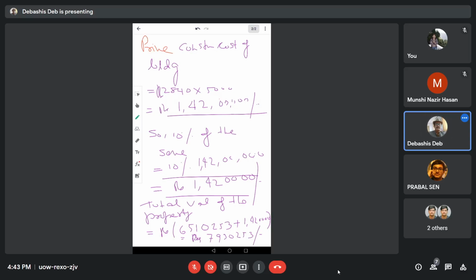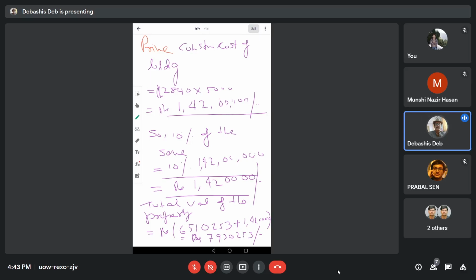So the only difference in this problem is that in addition to the land valuation, we have to add the valuation of the building. So on the next day, we'll do this much.